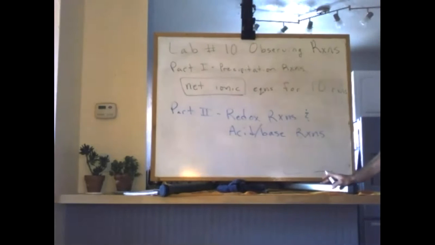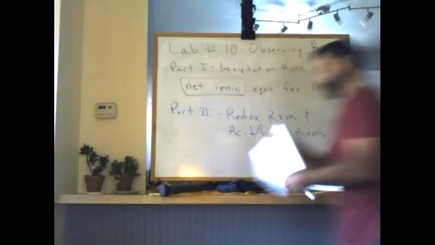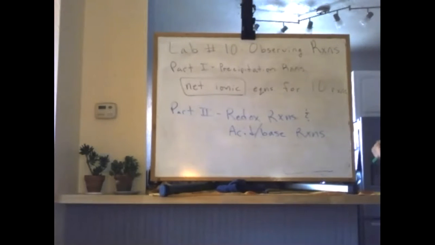Okay, so observe chemical reactions on the video for part 2. You should observe, let me just make sure real quick. Sweet, so we're looking at a couple redox reactions, sodium and calcium and water. We're looking at a couple acid-base reactions.